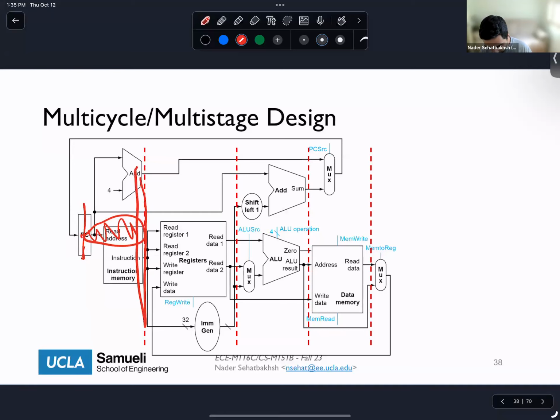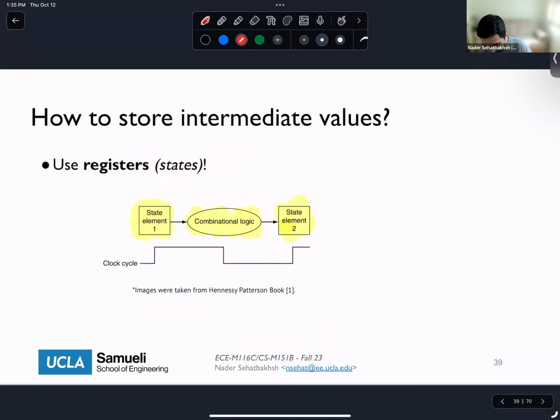The time it takes for this combinational logic is now this one, because the next positive edge of the clock comes, and this value will be stored into this register. Then I have another combinational logic here, and again, this value will be updated the next time this combinational logic goes, and so on and so forth.